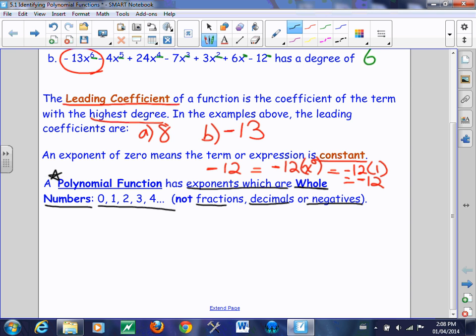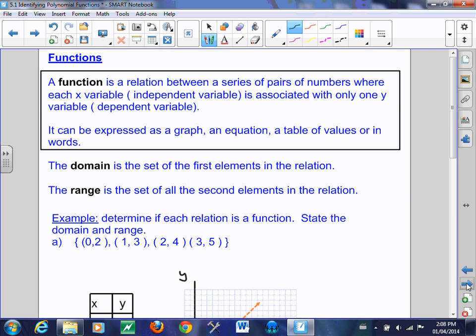Let's move on a little bit more and talk about functions. A function is a relation between a series of pairs of numbers where each x variable, or the independent variable, is associated with only one y variable. The common terminology I like to use is each x has only one y value.